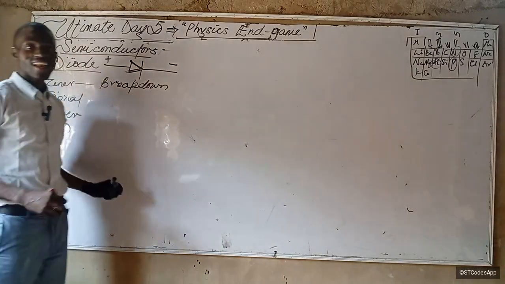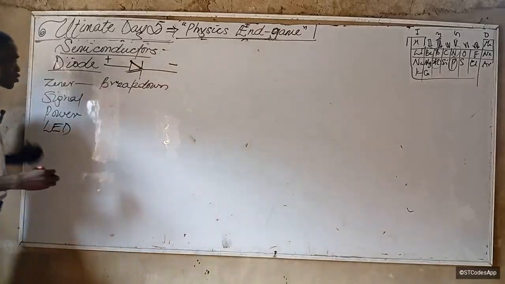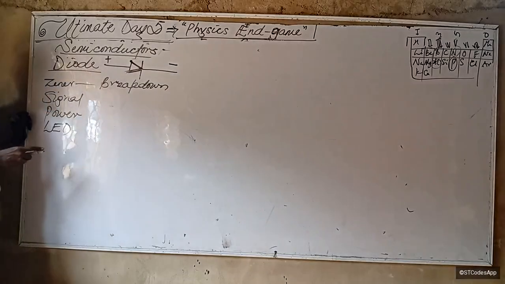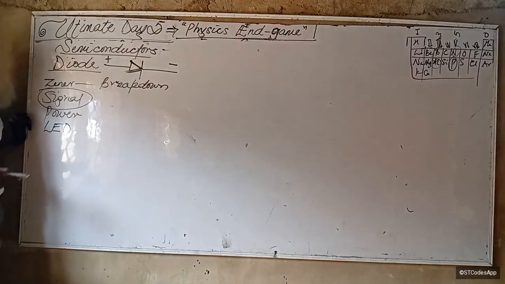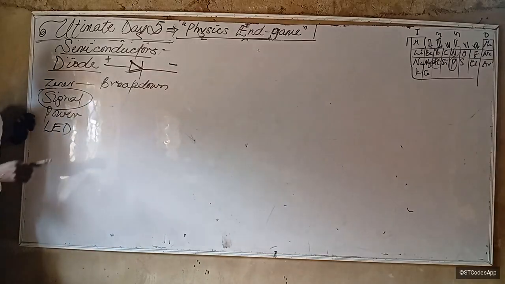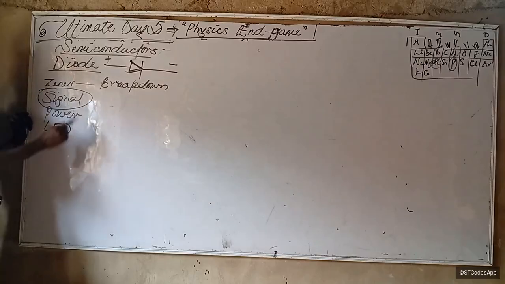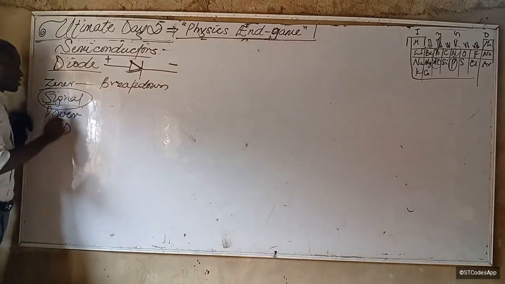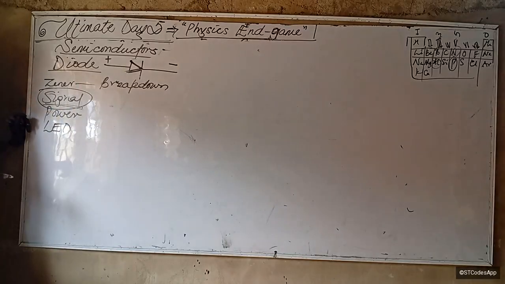Which one do we use in our radios and those common appliances, small appliances? The signal diode. Is that okay?